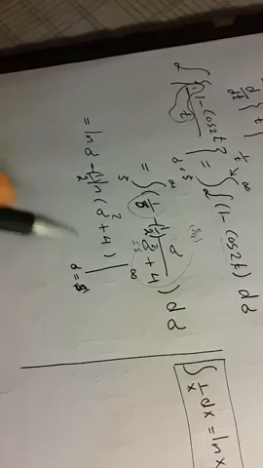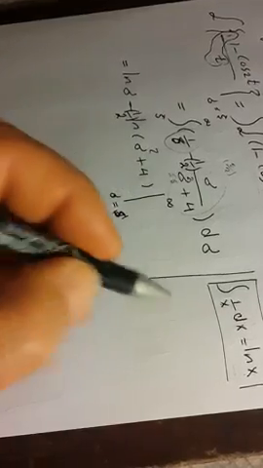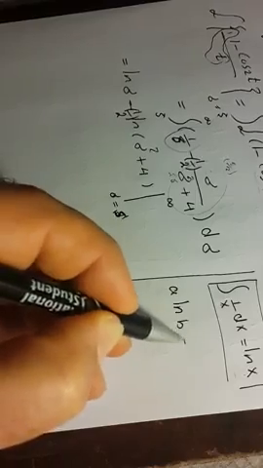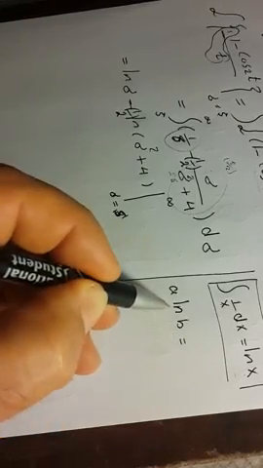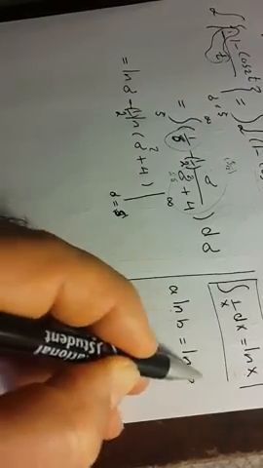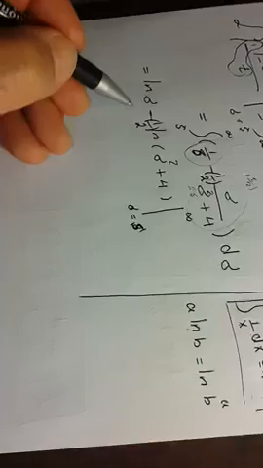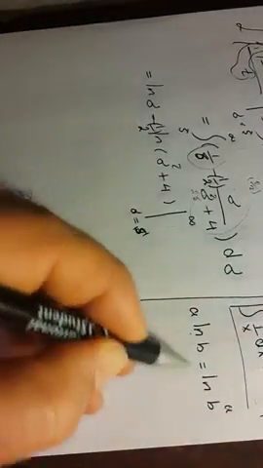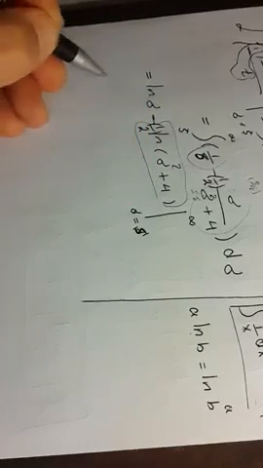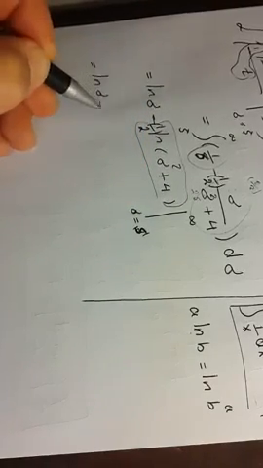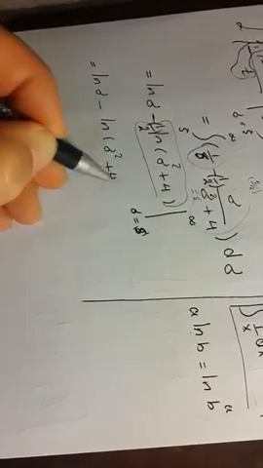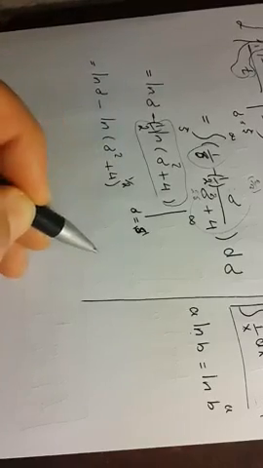Now remember that if we have a ln b, we can rewrite it using ln properties as ln b to the power of a. So I'm going to apply this property on this part: ln sigma minus ln of sigma square plus 4 to the power half.